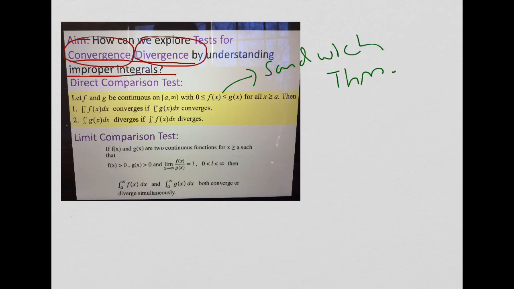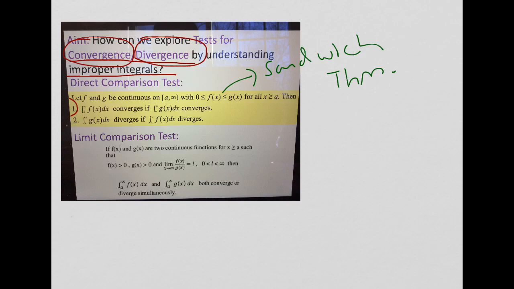So if you happen to know whether it converges or diverges, it gives you a heads up as to whether you're going to continue to evaluate and get a number, or you just say that there's no value or no solution. Okay, so in this particular case, number 1: if that improper integral of f of x converges, then the integral of g of x with respect to x converges also, as long as it's from the same limits of integration, a and infinity.